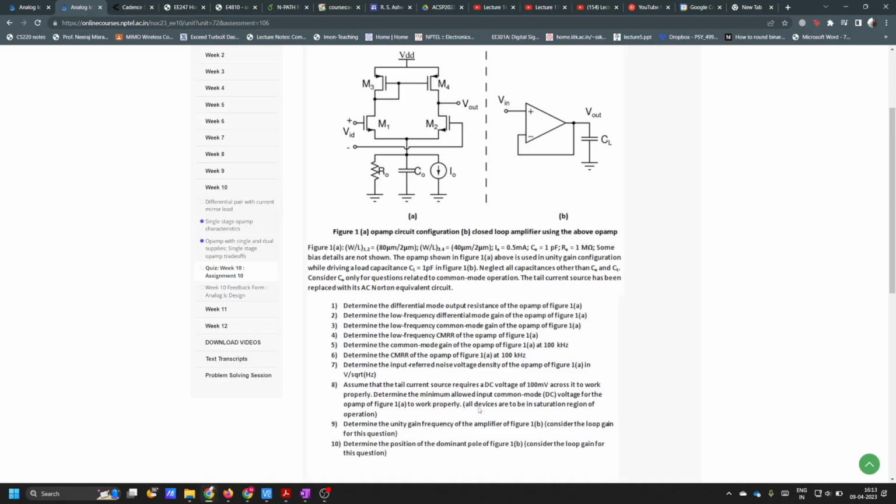Determine the minimum allowed input common mode DC voltage for the op amp to work properly. All devices are to be in saturation region. Yes, this is the condition.